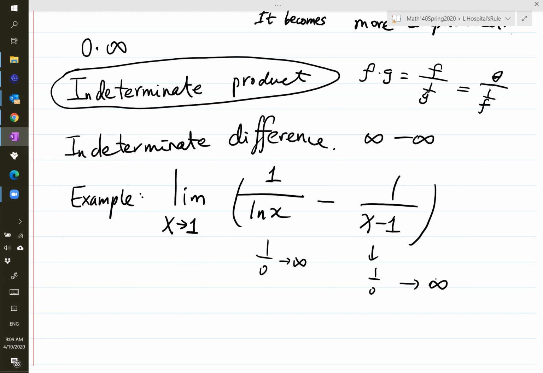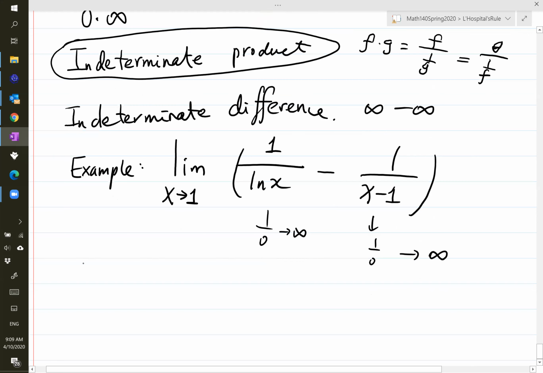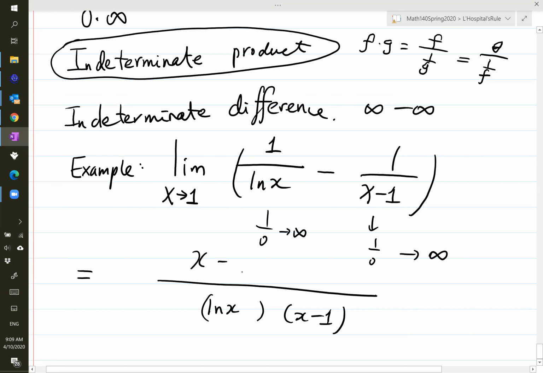So what we do is we use a common denominator. We write the thing with common denominator ln x times x minus 1. So the first term times that, we get x minus 1. And for the second term, we get minus ln x.